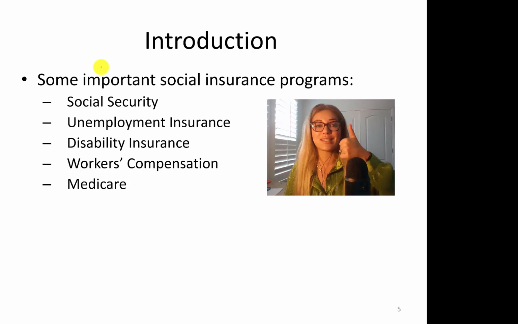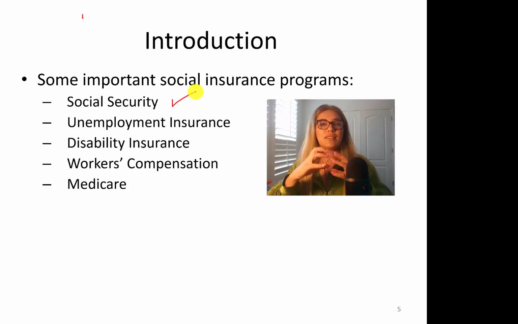We'll talk about Social Security, unemployment insurance, disability insurance, workers' compensation, and Medicare. So Social Security is for old age. You work all your life. Government takes a deduction from your salary, and once you retire, you collect Social Security benefits. Unemployment insurance is also taken out of your paycheck, payroll, if you're a payroll employee.